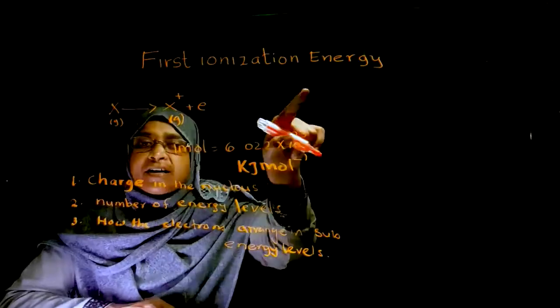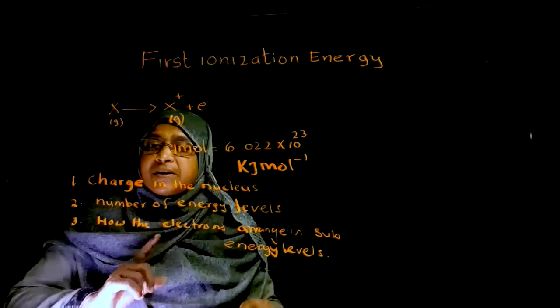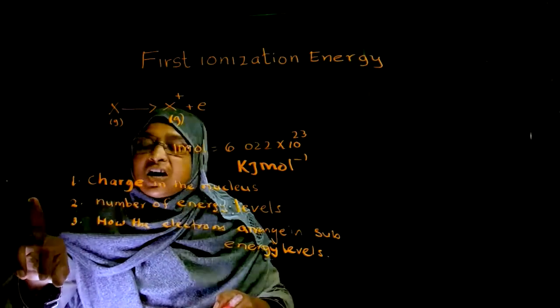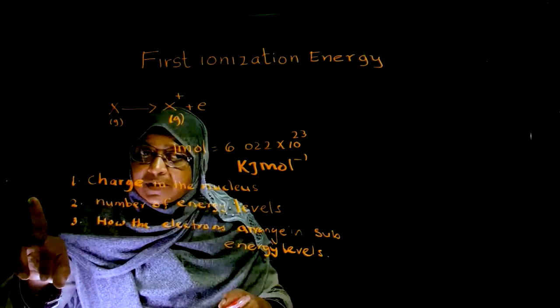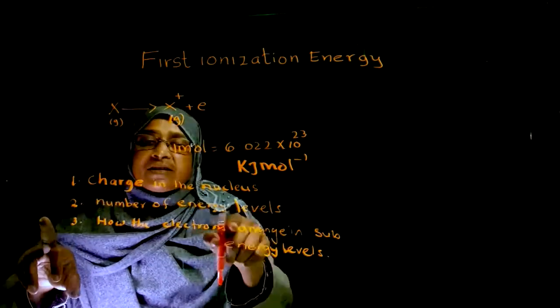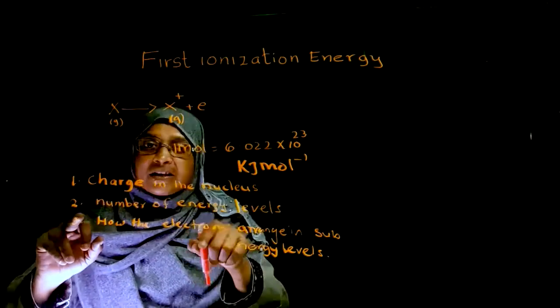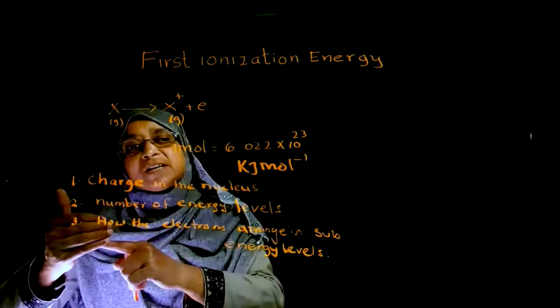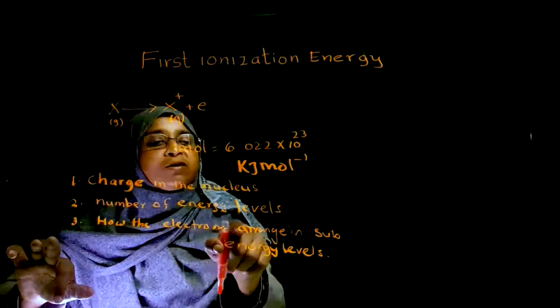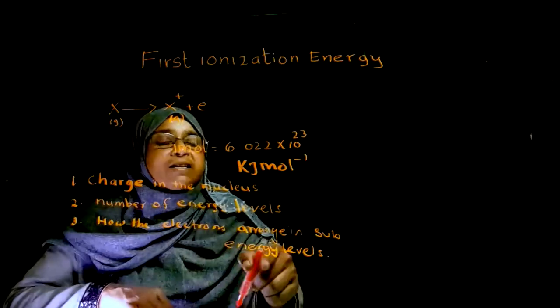The first ionization energy depends on 3 factors. Charge in the nucleus, which depends on the number of protons. Number of energy levels, which is the distance from the nucleus to the last shell. And how the electrons are arranged in sub-energy levels.